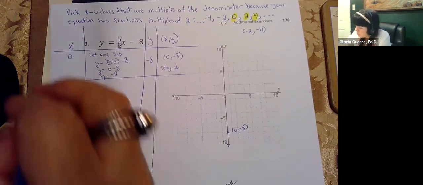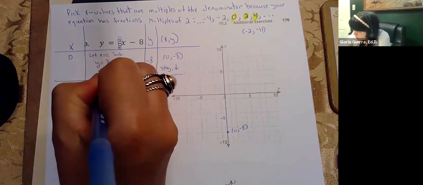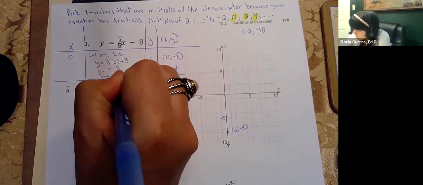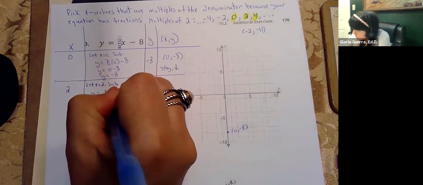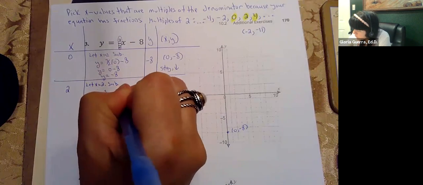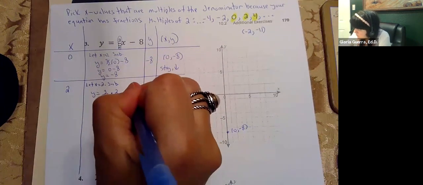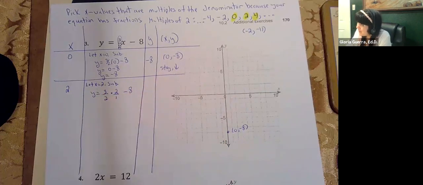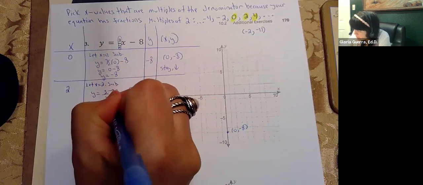Okay, then I tried 2. So I let x equal 2, and I substitute. So y is equal to 3/2 times 2 over 1, because it's 2 over 1, minus 8. Okay, so then I'm multiplying across.